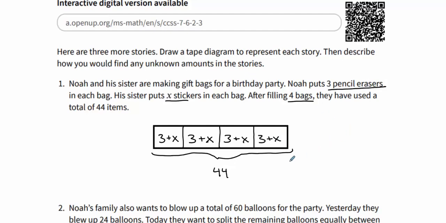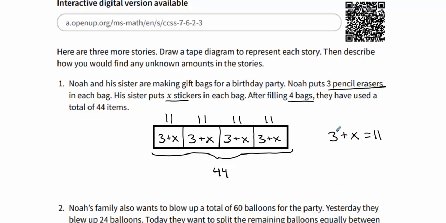So now we have a tape diagram like we saw in the previous problem, and we can solve them the same way. We have 1, 2, 3, 4 equal parts that total 44. So 44 divided by 4 equal parts is 11. So the total in each box is equal to 11. 3 plus X is equal to 11.